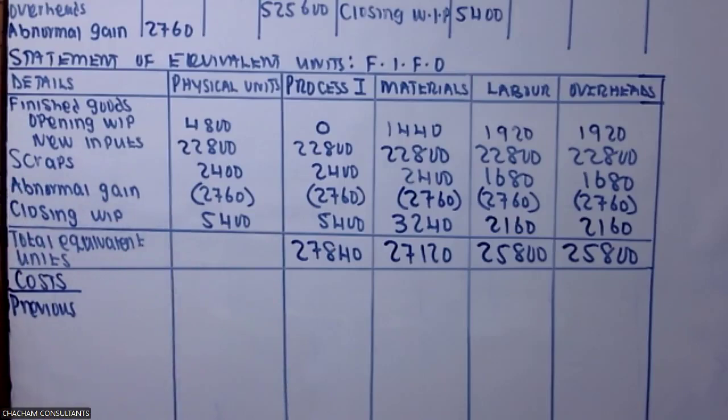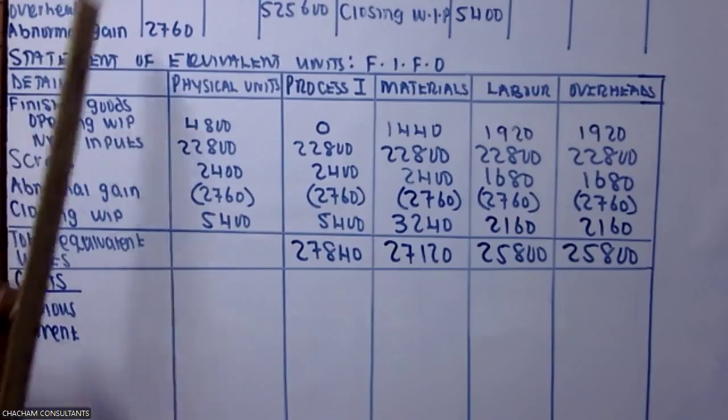For this one, when you are using FIFO, we don't recognize the previous. We just recognize the current. If you are using another method we call weighted average, that's when you bring the previous. Easy.